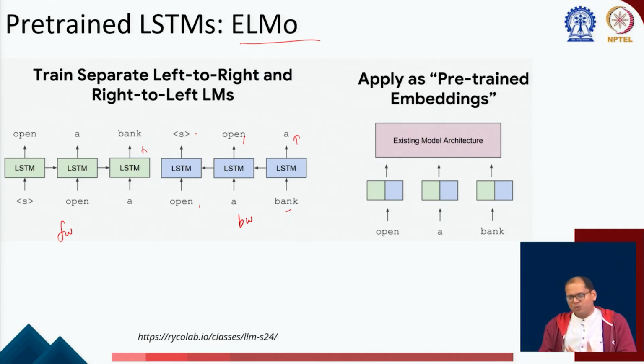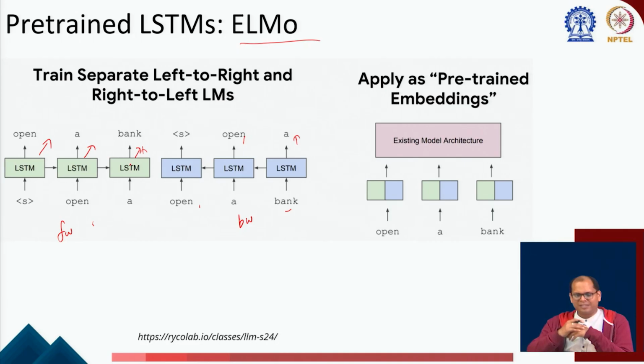Now suppose you train this forward and backward LSTM over a lot of data. Given a new example, you can apply it over this pre-trained LSTM, in both forward and backward direction, and you can get these contextual hidden vectors, and these hidden vectors are your pre-trained knowledge, right?